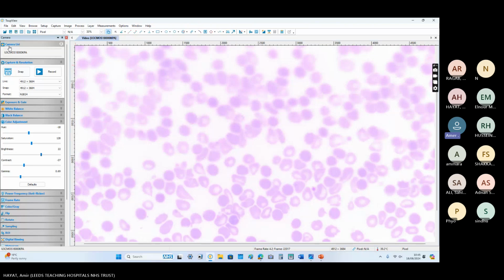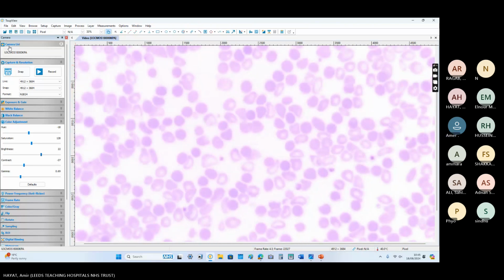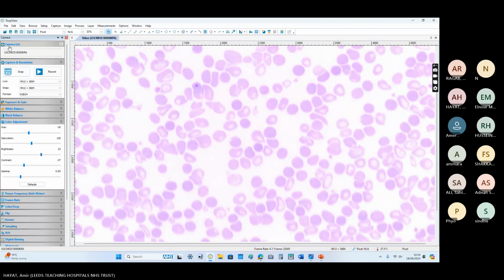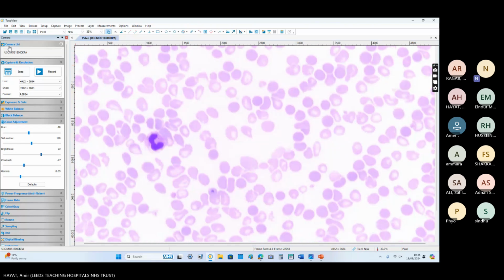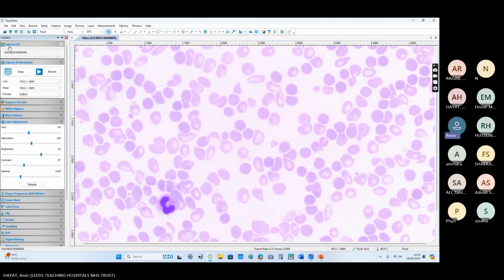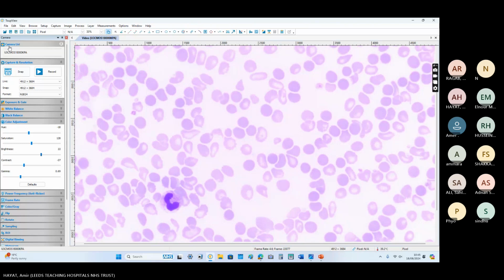What further test would you like to do? Yes, this is the blood film. The patient is anemic, microcytic. The blood film is in front of you, and the patient does not know the diagnosis. He is an immigrant to the UK.